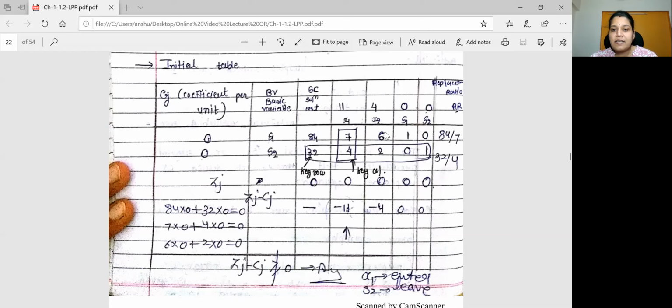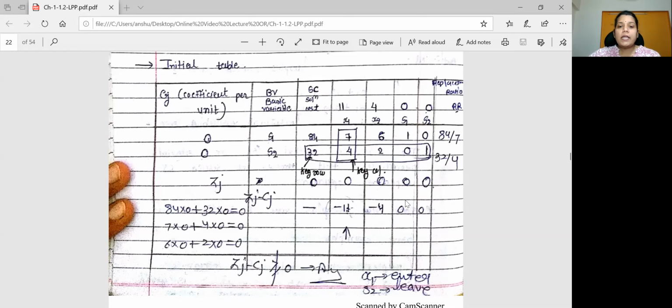And we find the value of zz minus cj. That means 0 minus 11, that is minus 11; 0 minus 4, that is minus 4; 0 minus 0, 0; 0 minus 0, 0. So we get the values of zz minus cj.